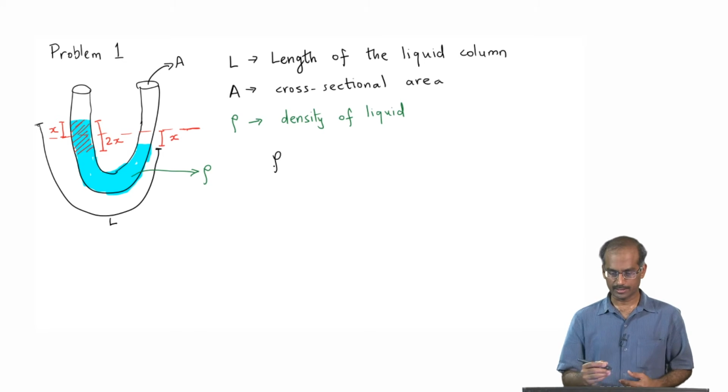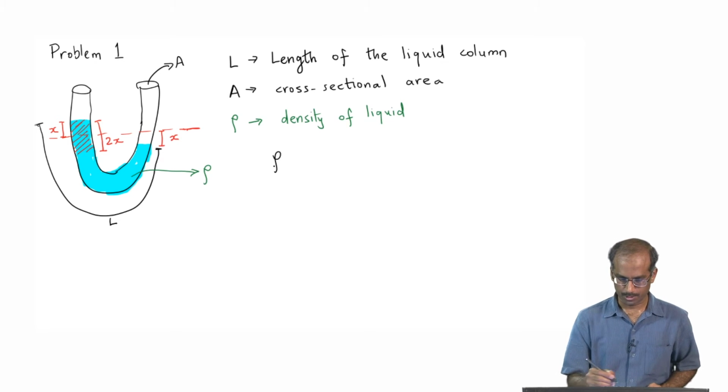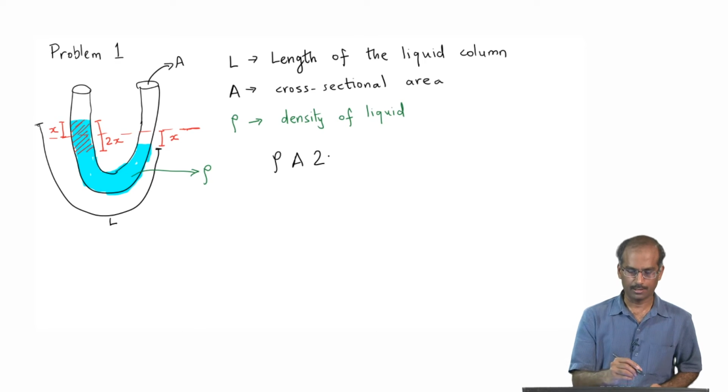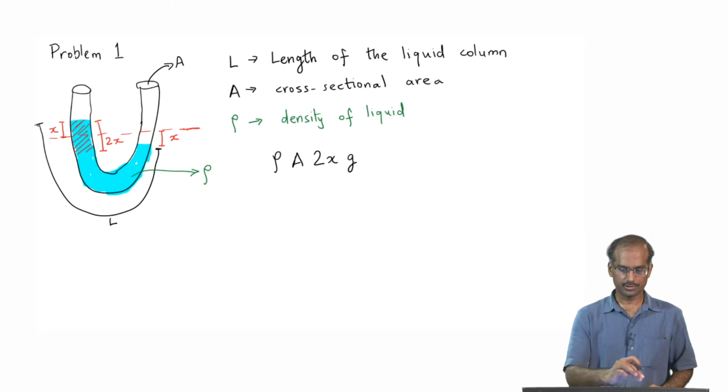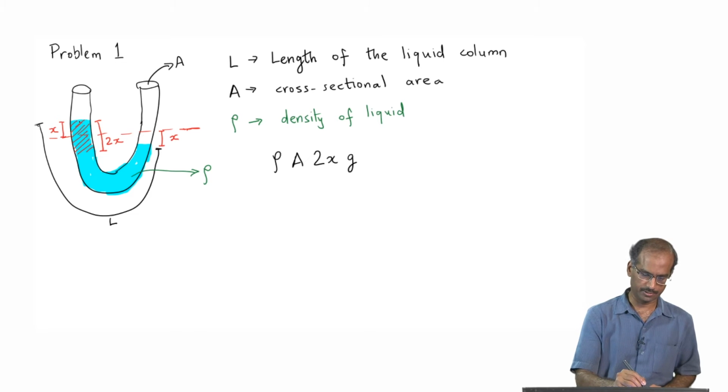So, I can get mass if I multiply this by volume. So, volume would be cross sectional area multiplied by the excess length of the column, which is 2x, multiplied by g. So, this is the weight of this region of liquid.